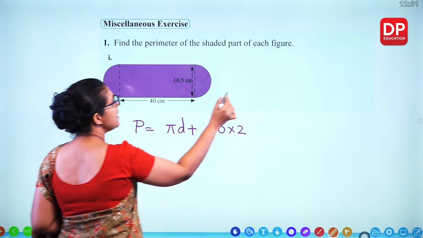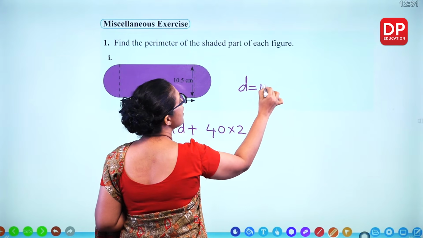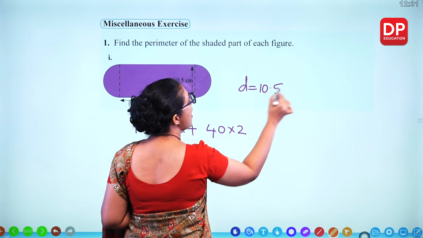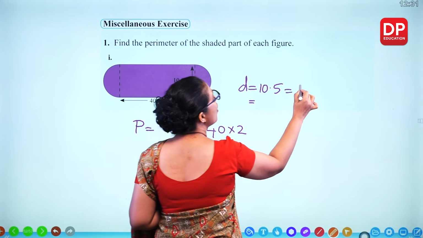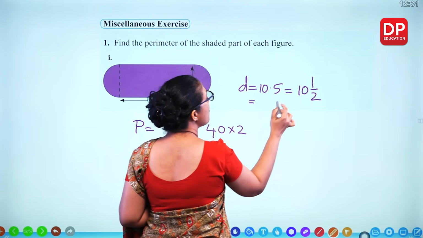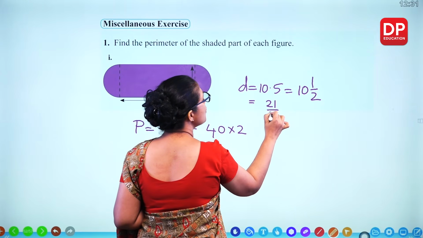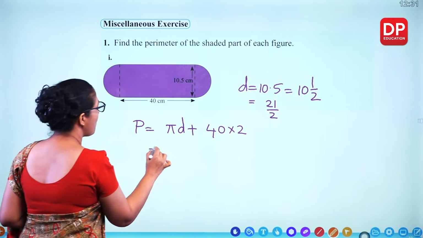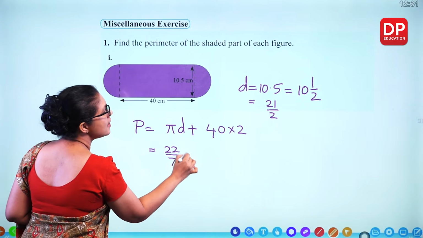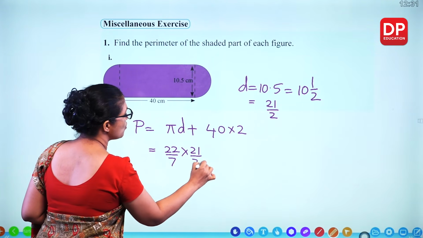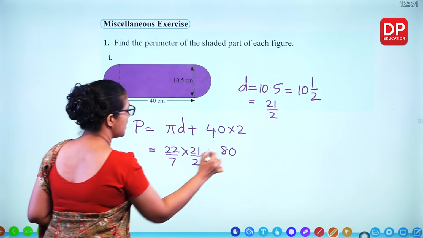Now what's the diameter? 10.5, which you can convert to an improper fraction, 21/2. So pi 22/7, d is 21/2, plus 80.